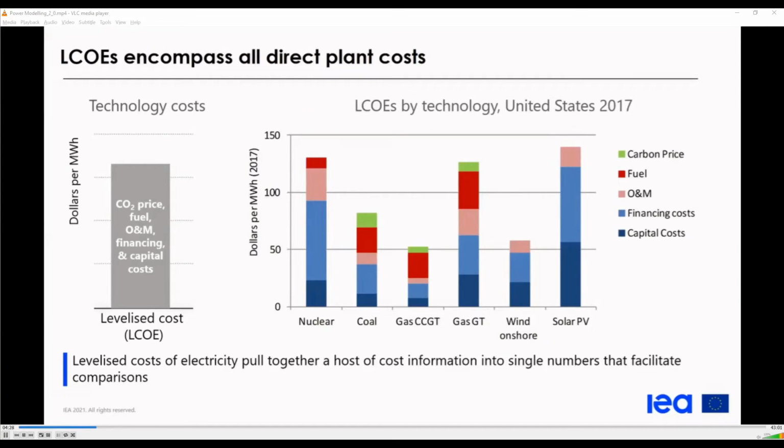Another point to highlight is that financing can be quite a significant proportion, especially for capital intensive technology. And if you have to pay a rate that reflects a very high market risk, then financing can be more important than the actual cost to build the plant itself.